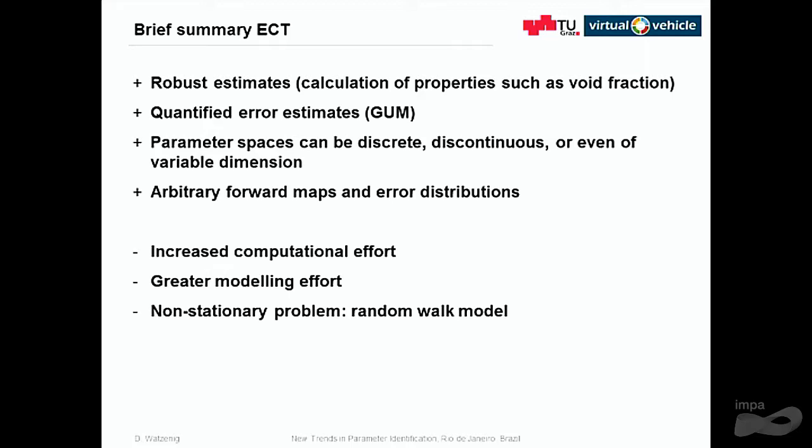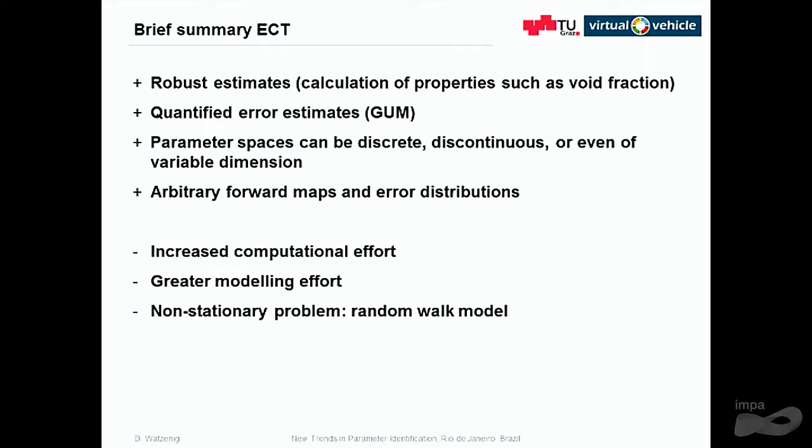You need to model the error, the model error between the real setup and your forward problem. And the good thing is you get more or less a range of parameters which fulfill the solution. That means you get a range of feasible solutions that solve your inverse problem.